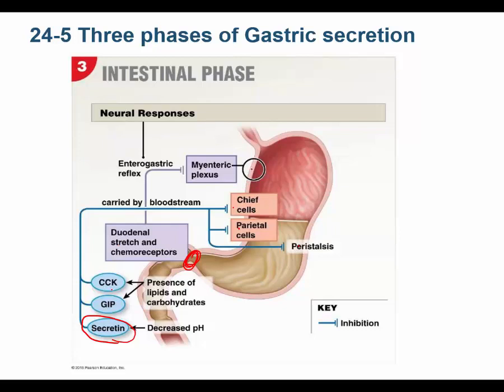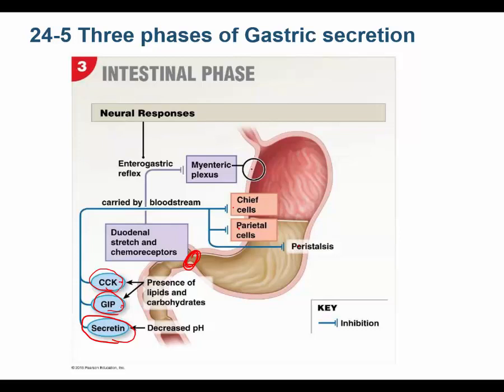In addition, depending on the food I ate, if I ate lipids, CCK is secreted, and if I ate carbohydrates, gastric inhibitory peptide is secreted. By the way, I'm actually lying to you a little bit. Lipids and carbs can cause the release of CCK, and lipids and carbs can cause the release of gastric inhibitory peptide.